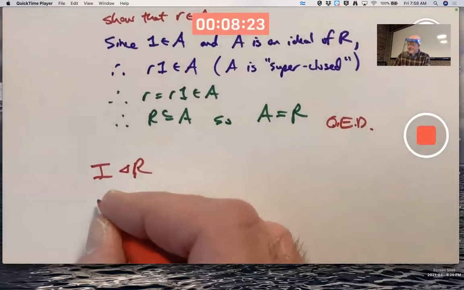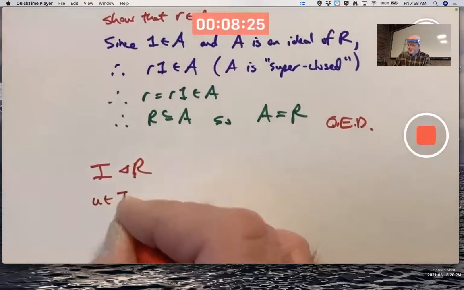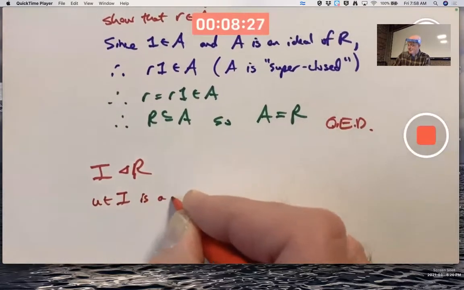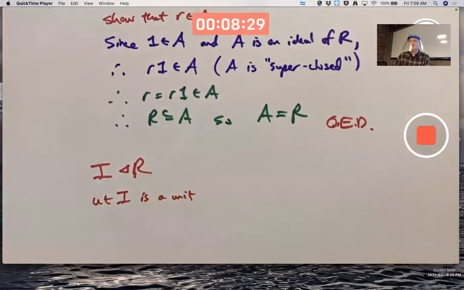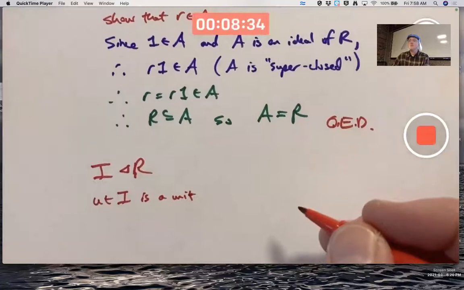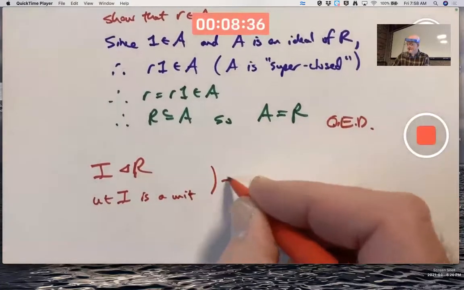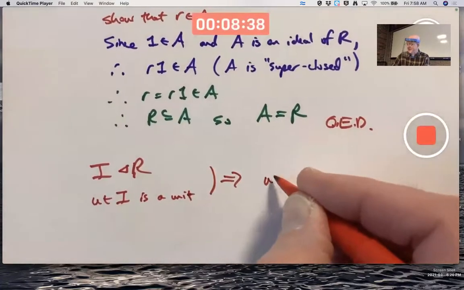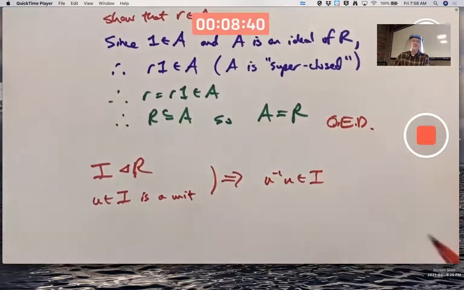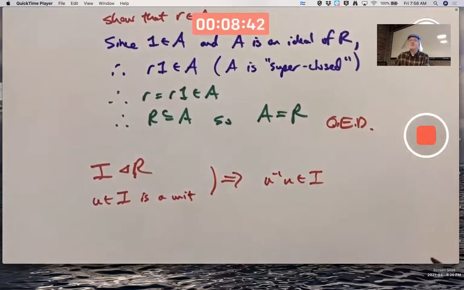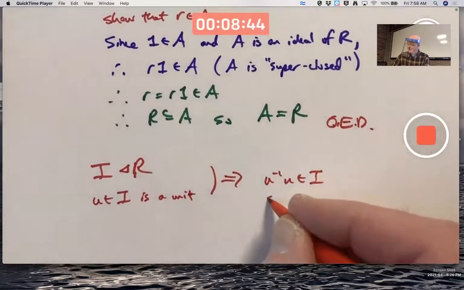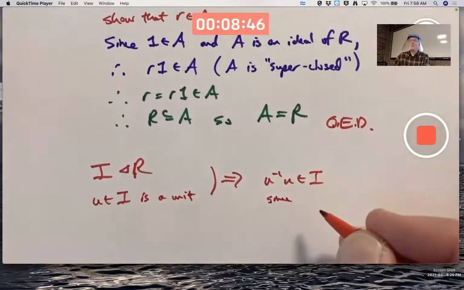I contains a unit. U is in I, and U is a unit. What does it mean to be a unit? It means it's got a multiplicative inverse. But that's going to mean U inverse times U is in I, since I is superclosed. Nothing about U inverse necessarily being in I, though it would be.